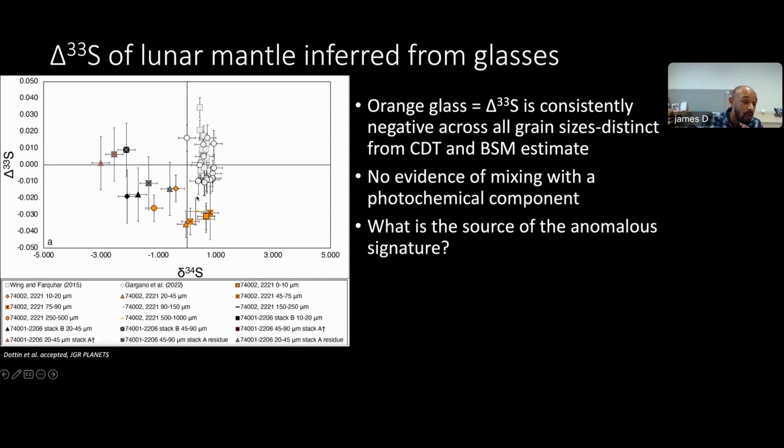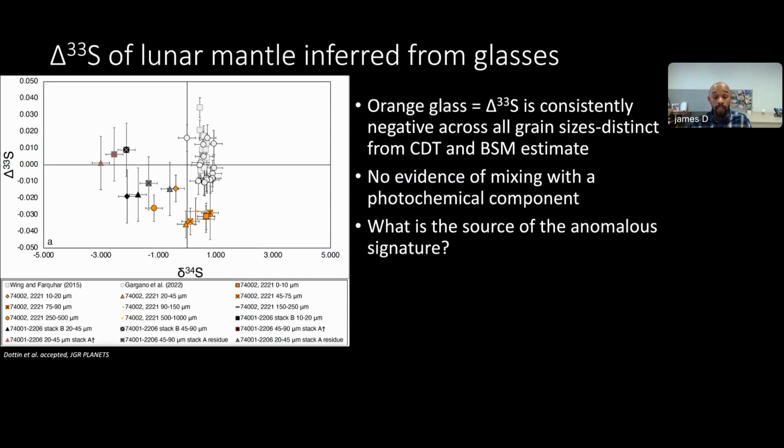And the largest grain sizes appear to share a delta 34S composition that is similar to lunar basalts, which would suggest maybe that the orange glass melt source was originally established through differentiation, potentially associated with the same process in establishing the delta 34S composition of the lunar basalts.